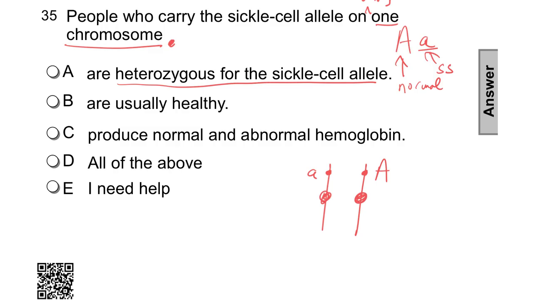So they're heterozygous, big A, little a. They're healthy. They won't feel the effects of sickle cell anemia. They produce both normal and a little bit of abnormal hemoglobin. So really it's all of the above.